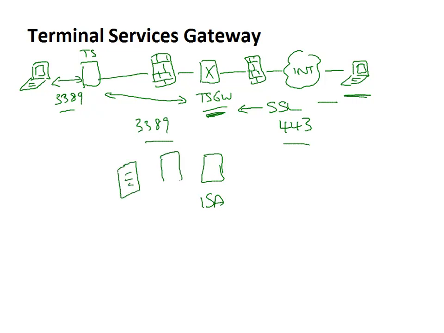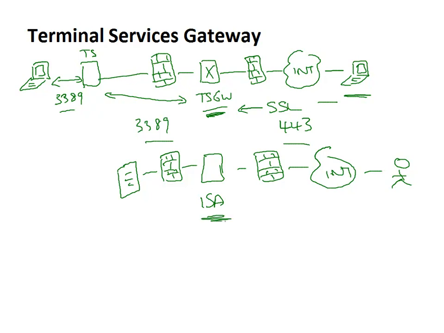So essentially now we would have a firewall here. We would have our border firewall here. And obviously there's the internet and our mobile users. So by deploying a setup like this, whereby ISA server is now going to take the place of our TS gateway server inside our DMZ, our gateway server can now sit inside our corporate network.